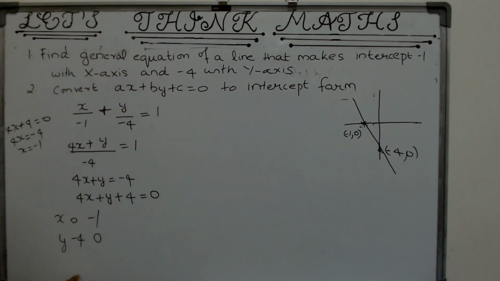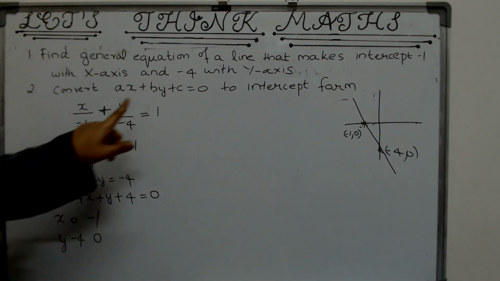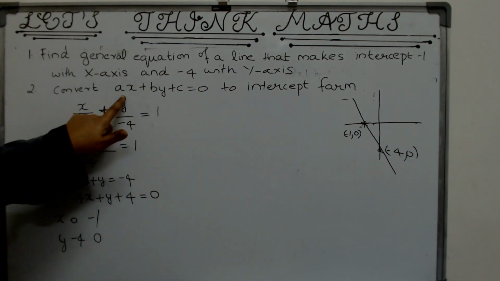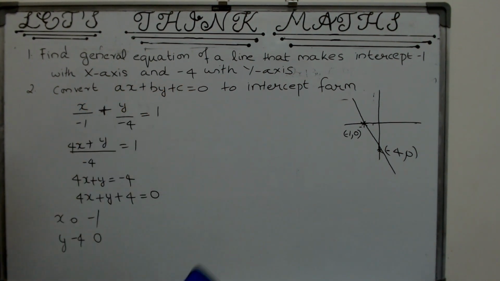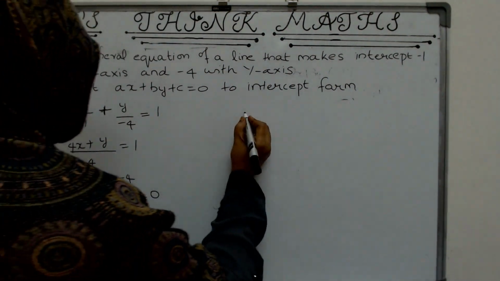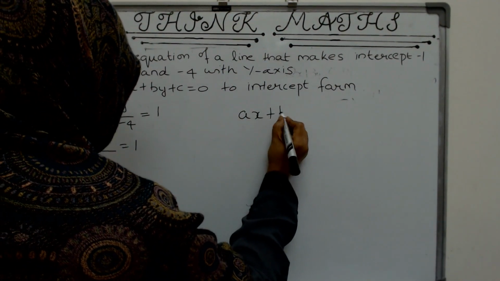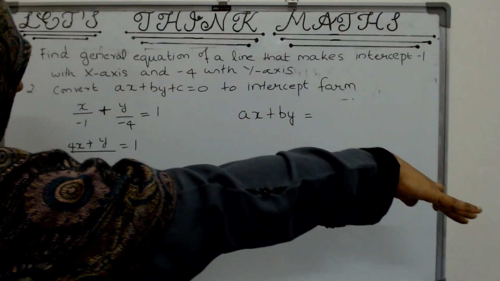You have them here. Now come on to the second question. What is the second question? How to convert ax plus by plus c is equal to 0 in the intercept form. How do we do that? First, for the intercept form, what do you have to do? The constant has to be on the other side.